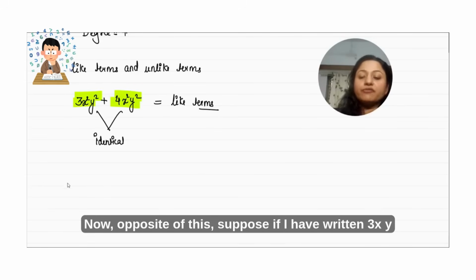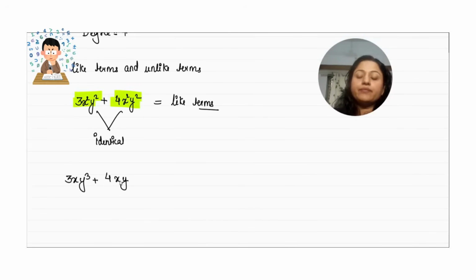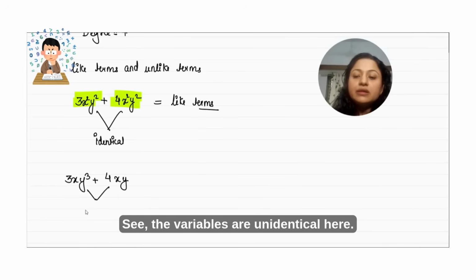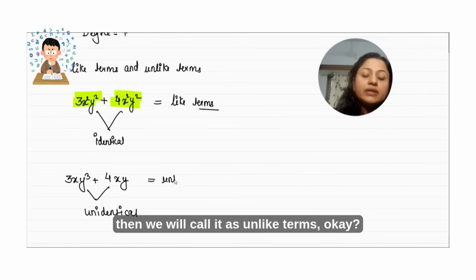Just the opposite of this, suppose I have written 3x y cube plus 4x y. See, the variables are not identical here. If the variables are not identical, then we will call them unlike terms.